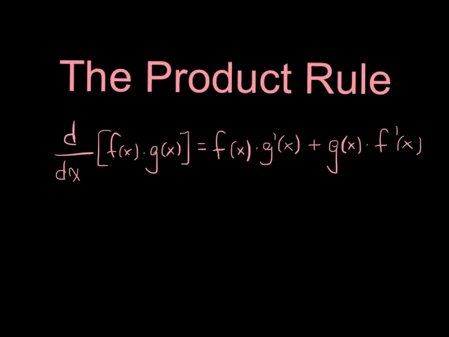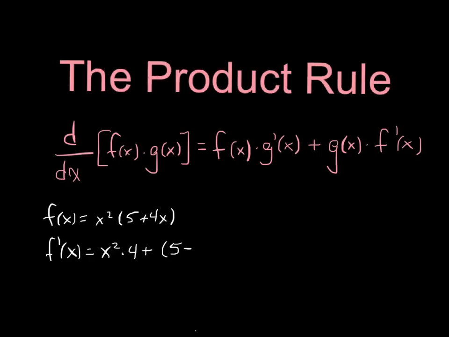So let's go back to our product that we just saw. It's 5 plus 4x. Now using the product rule, we leave the first function, multiply by the derivative of the second, which would just be 4, plus the second function times the derivative of the first.